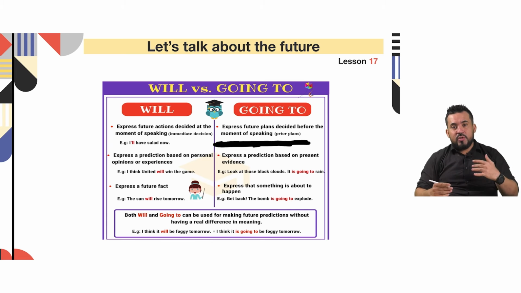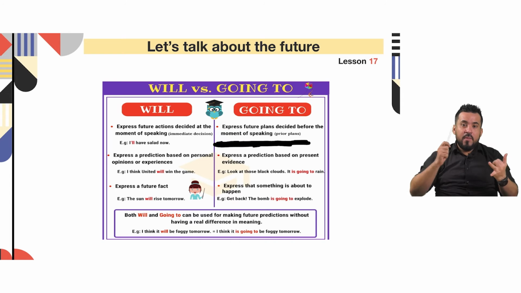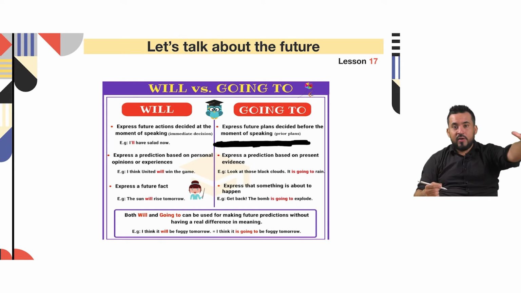So going to, we use it for something about to happen, making a prediction based on evidence, or making future plans. Will, no plan, we use will. Prediction, not based on any evidence, we use will, and we use will for facts in the future.